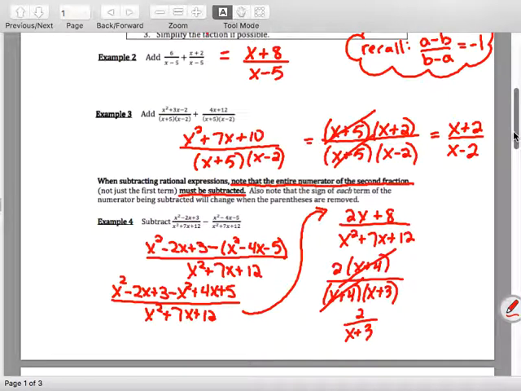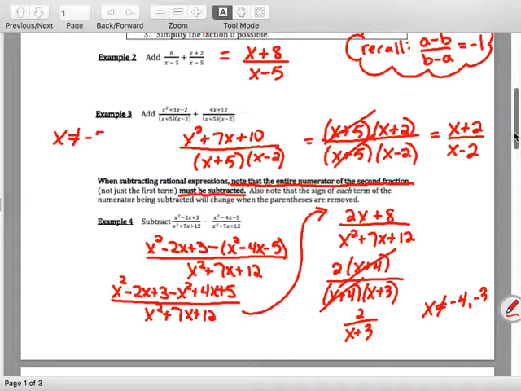Now, something I didn't talk about yet, and what we can do here, is when you get your denominator factored, do you remember yesterday how we talked about restrictions? It's of your factored denominator. So my restrictions, even though the x plus 4 canceled, x still can't be -4 or -3. Let's go back up to example 3.